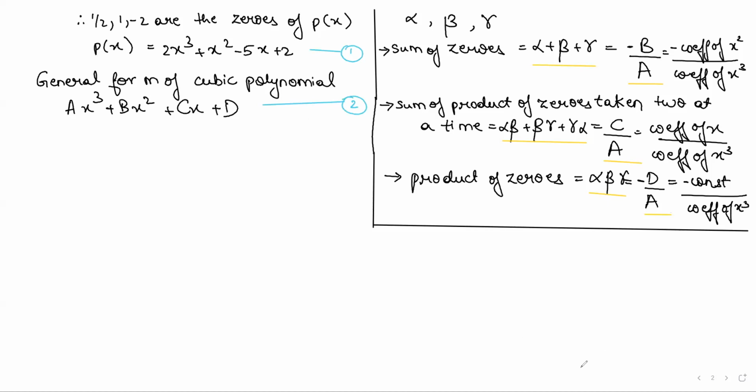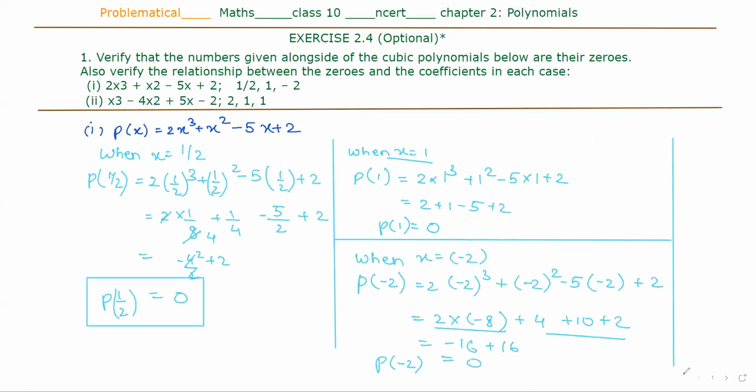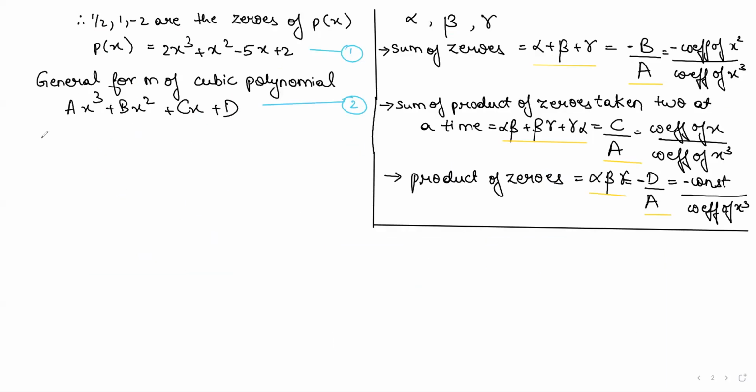Comparing P of x and the general formula, equating 1 and 2, we get capital A is equal to 2, capital B is equal to 1, capital C is equal to minus 5, and capital D is equal to 2. So you got the values of capital A, B, C, D.